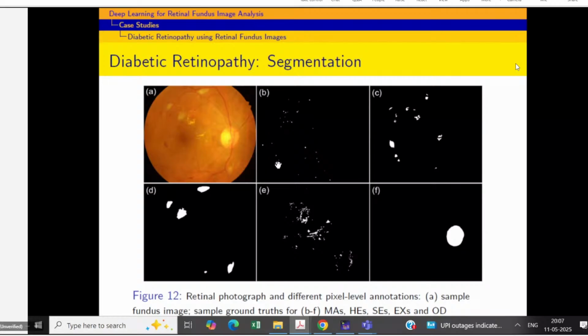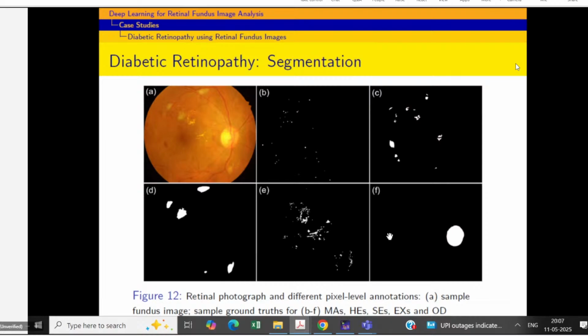The pathological regions are very small and irregular, with a lot of variation in shape and size. You can see over here. That is why the segmentation of diabetic retinopathy lesions is very, very difficult compared to others. So we must have robust models which can detect this kind of lesion, where the shape and size vary, and it is distributed all over the image.